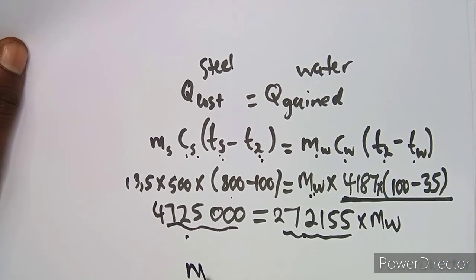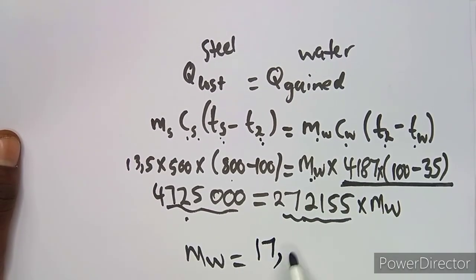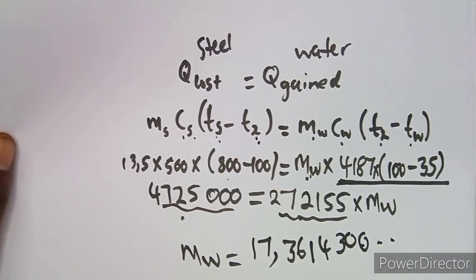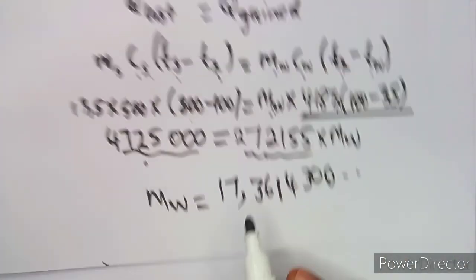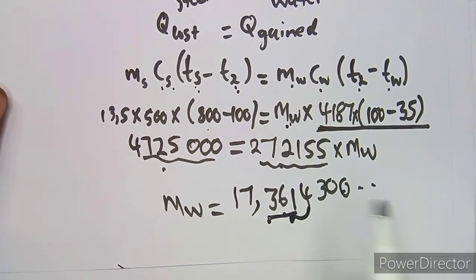So the mass of water is going to give us something like 1.7361430, something like that. All right, so this mass of water, guys, is in kgs. If you round off, we can obtain 1.7361.